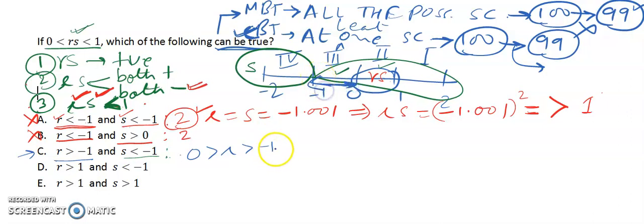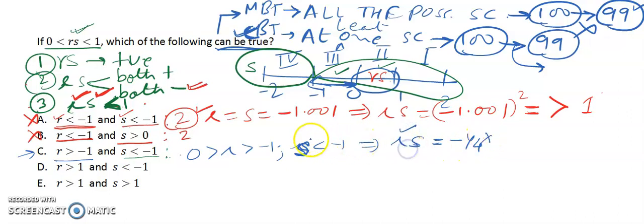R has to be negative, and we already know that S is negative. So can their values be such that their product is less than 1? Let's take R as -1/4 and S as -2. This will give a product that is less than 1. This is the correct answer. So this can be true.